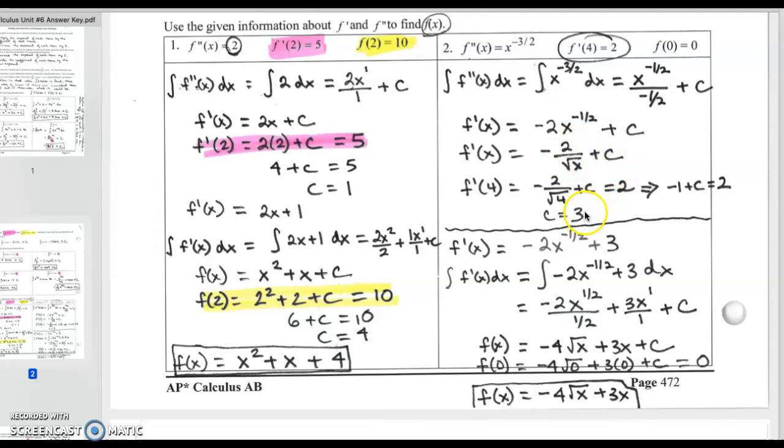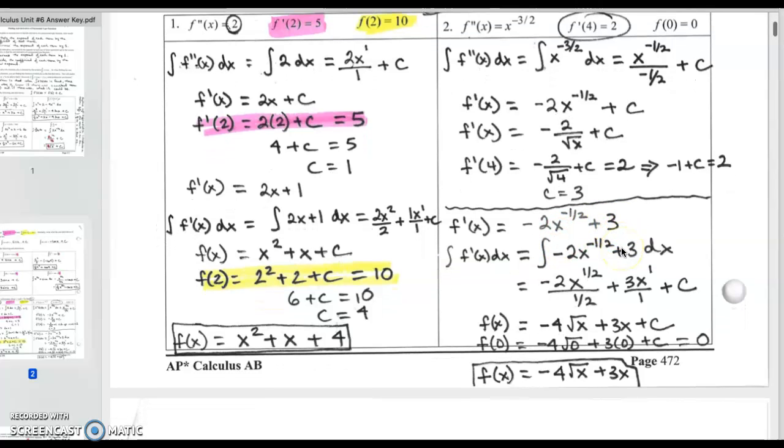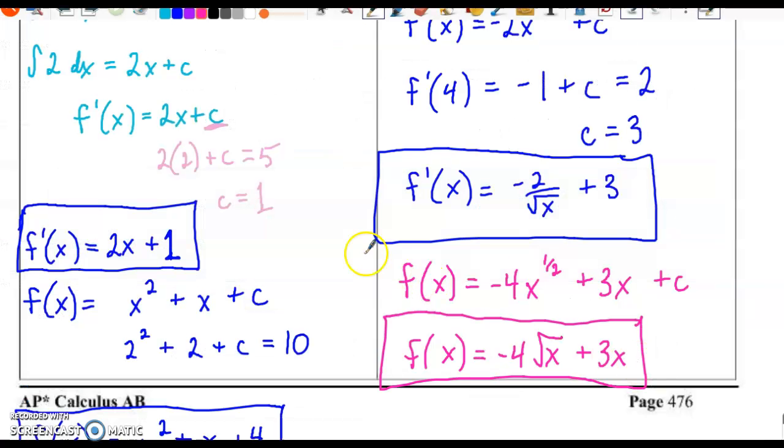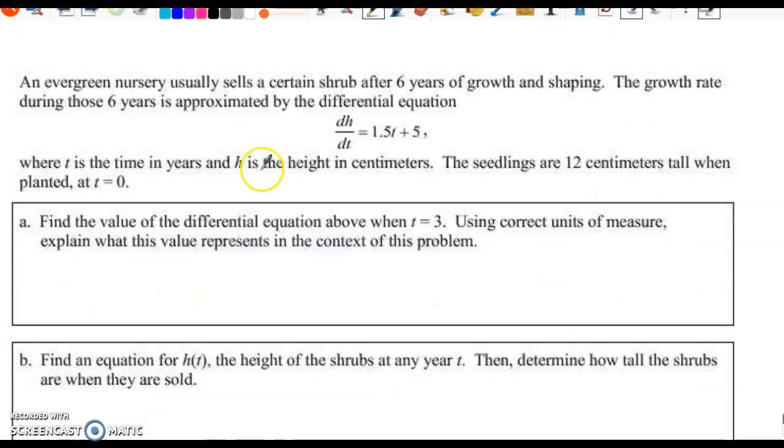Once you figure out that c is 3, there it is. And then continue to work through to figure out the antiderivative of that one. So if you like his work more than mine, go ahead and hit pause. You can copy it, you can soak it in, you can do what you need to be successful.